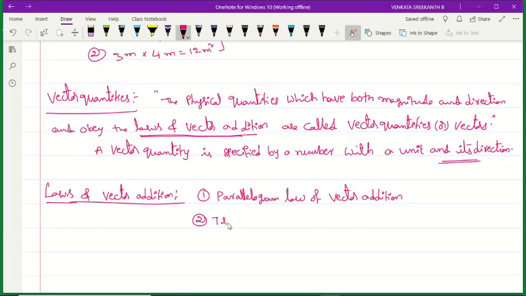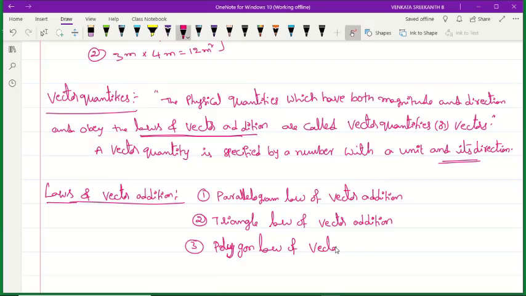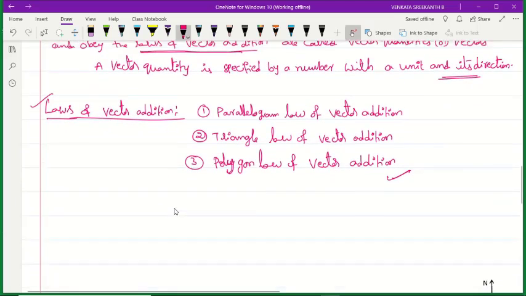Second is the triangle law of vector addition. Third is the polygon law of vector addition. Whenever we say a physical quantity is a vector quantity, it should compulsorily obey these laws of vector addition. Then only that physical quantity is called a vector quantity.